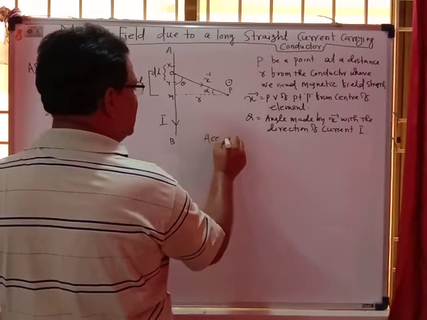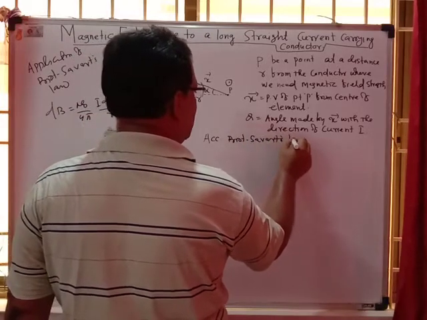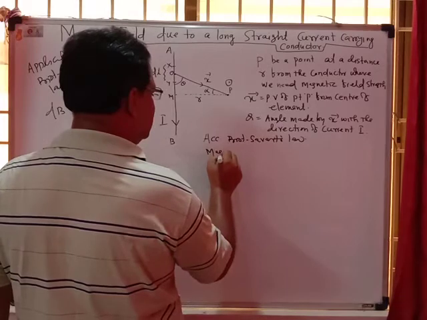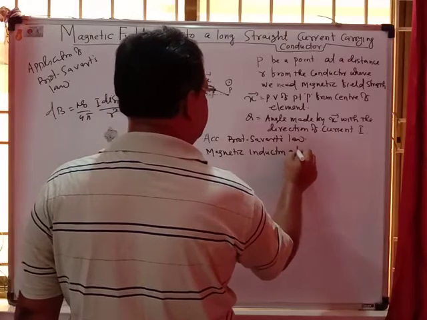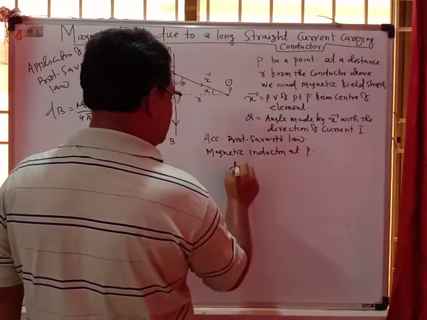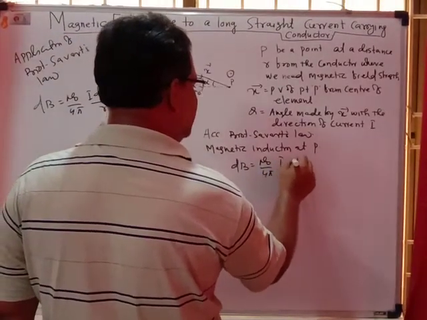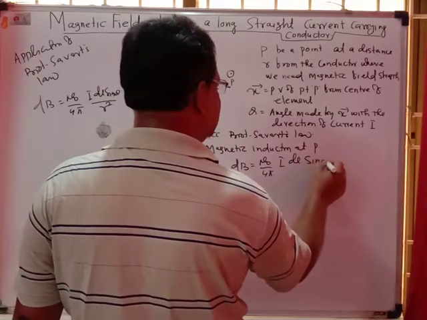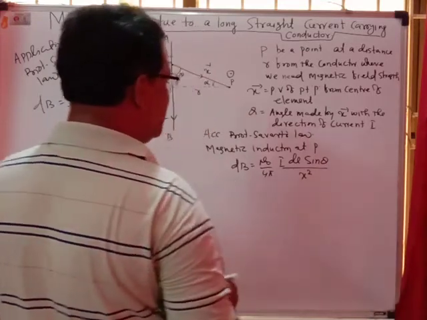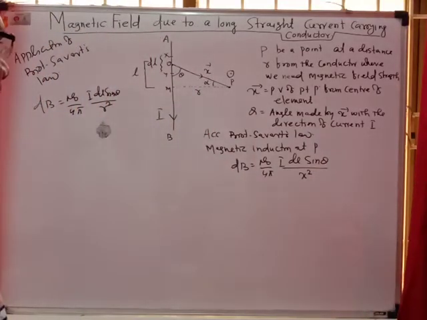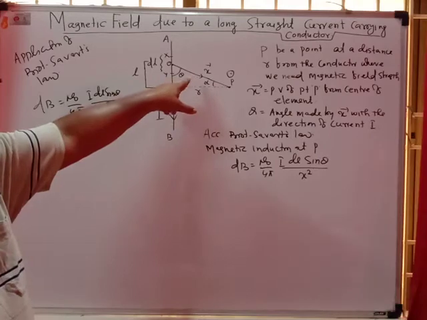According to Biot-Savart law, magnetic induction at P is dB equal to mu naught by 4 pi I dl sin theta upon x square. In the formula it is r square, but here we have taken the position vector x.